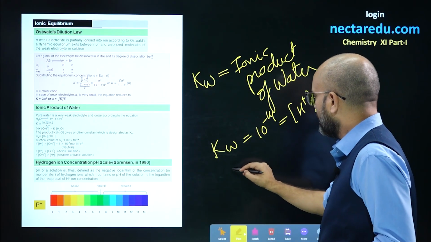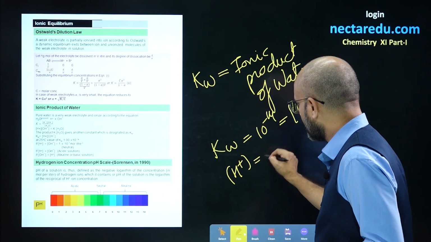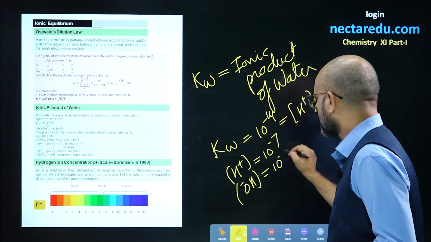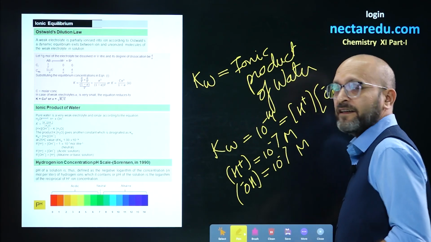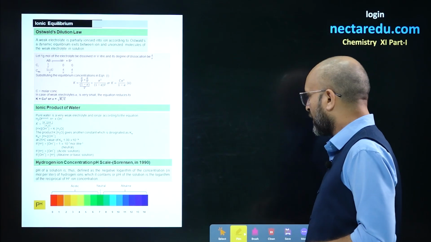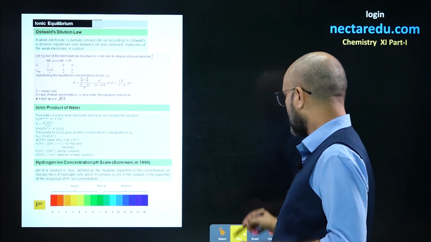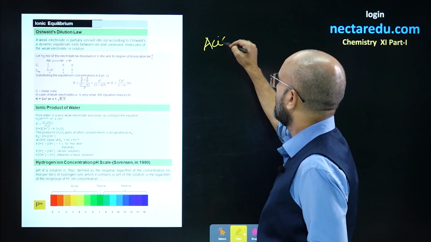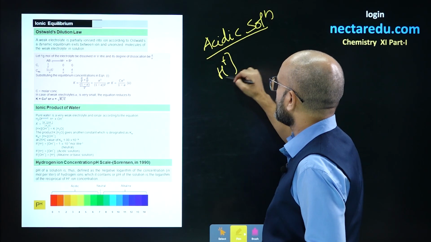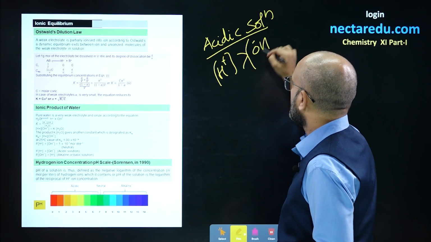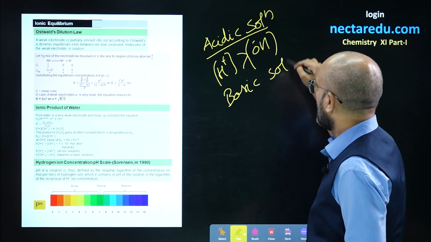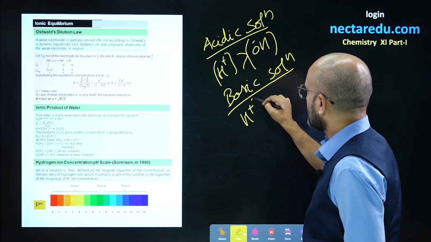So H plus concentration is 10 to the power minus 7 and OH minus concentration equals 10 to the power minus 7 molar. This is molarity, right? So the concentration of both is equal for a neutral solution. An acidic solution will have greater H plus concentration than OH minus concentration, and a basic solution will have greater OH minus concentration.